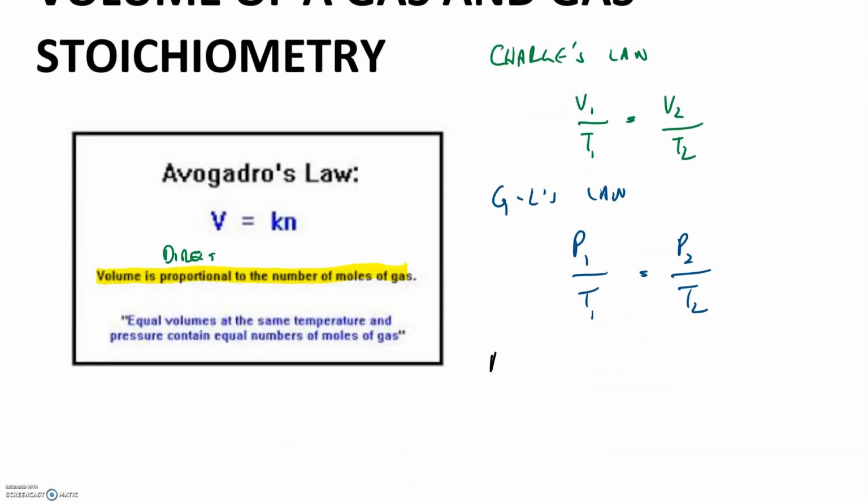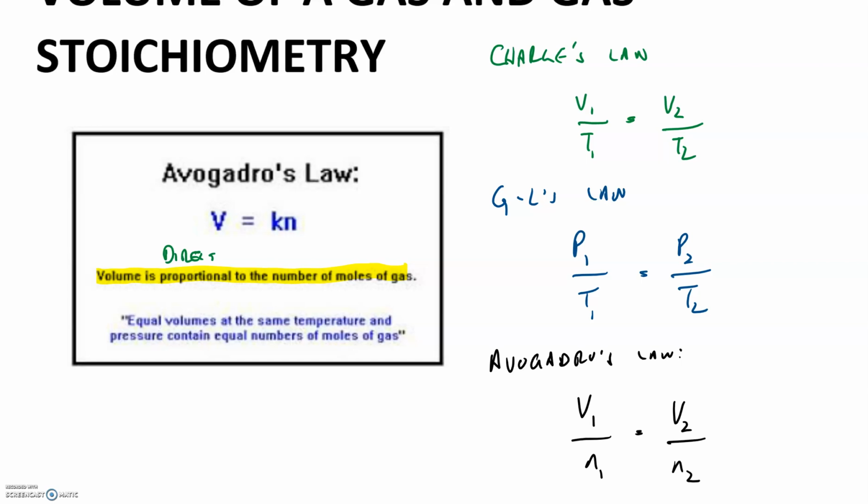Avogadro's law is going to look very similar, but we are going to take this into a different direction. It's going to look like this, V1 over N1 equals V2 over N2. We'll get back to that in a little bit.